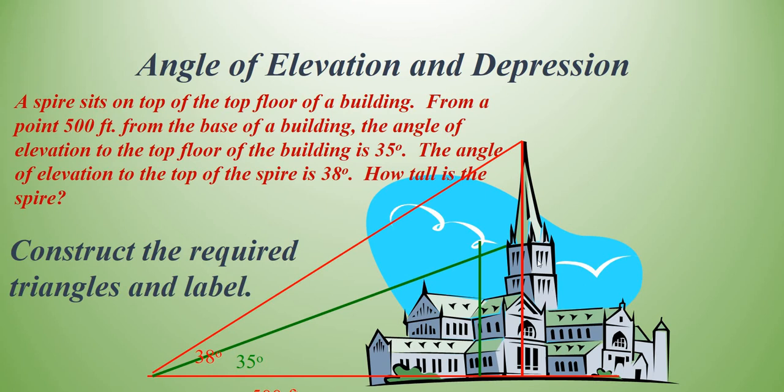From the beginning, we get the height of the building by using triangle ABC. In the second step, to get the height between the top of the spire and the base of the building, we solve triangle BD.